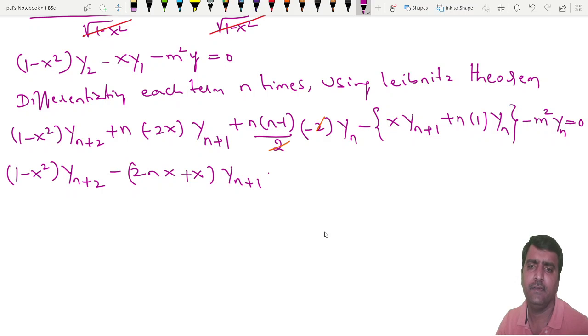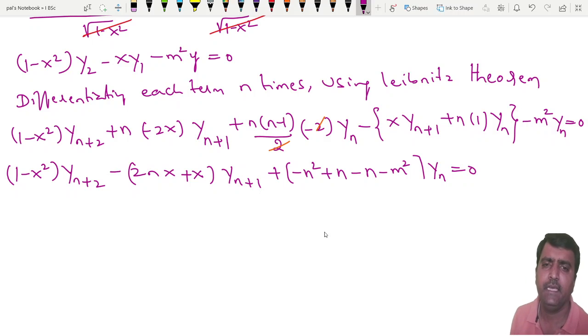And again plus, if you take yn as a common factor, minus n into n is minus n square, minus of minus plus n. If you multiply this with minus, it is minus n into yn, and in the last term minus m square into yn. This is equal to 0. Here you can cancel this n and n, plus n cancelled with minus n.